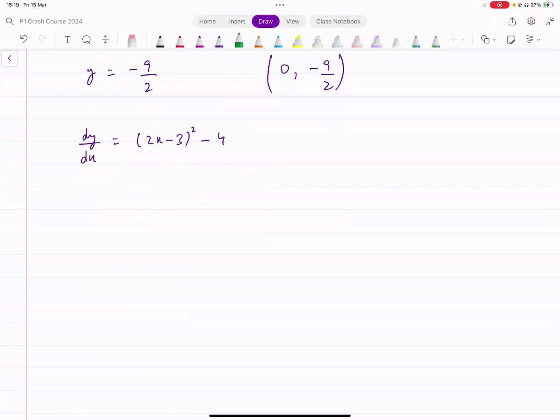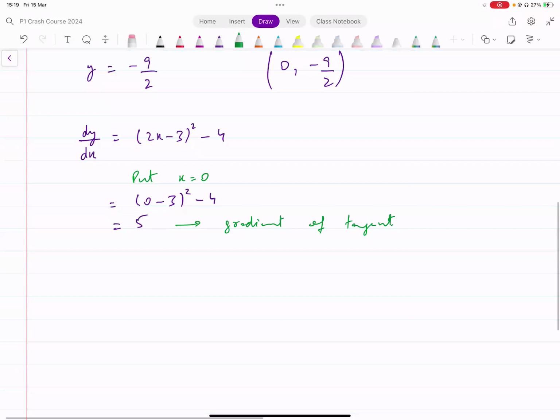For that, we just input x equal to 0 here. That gives us (0 minus 3) whole squared minus 4. 9 minus 4 is 5. This is the gradient of the tangent. It's the gradient of the curve, but the gradient of the tangent is going to be the same as this. That's what we were looking for.